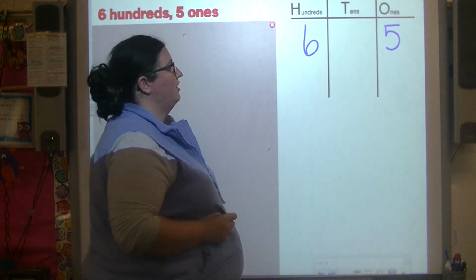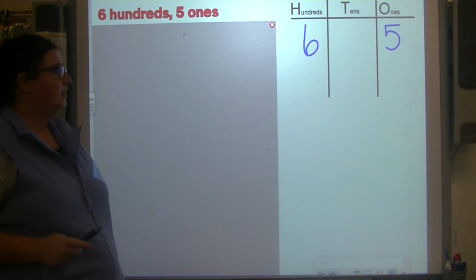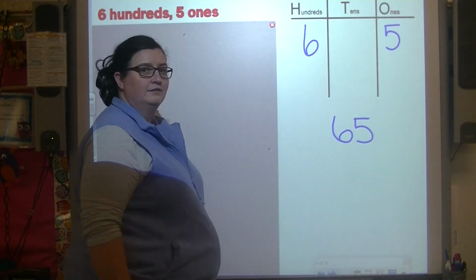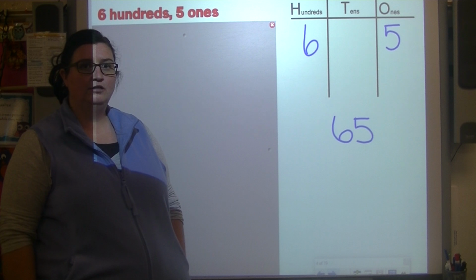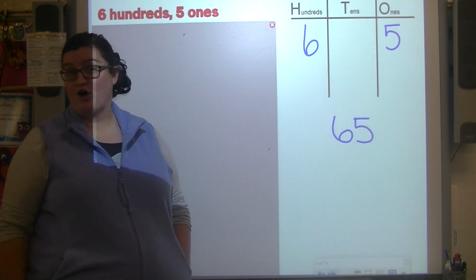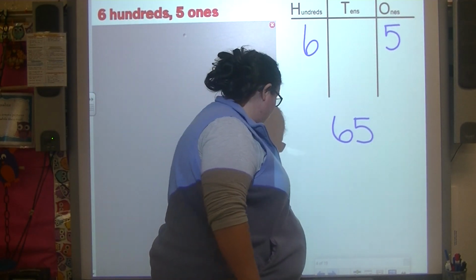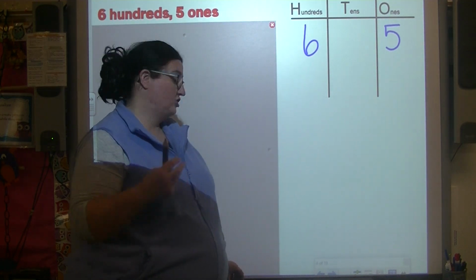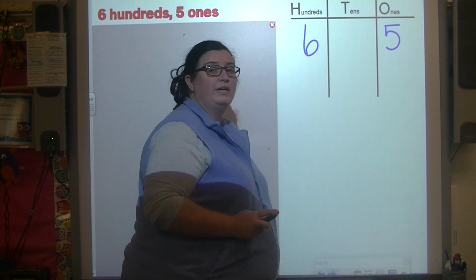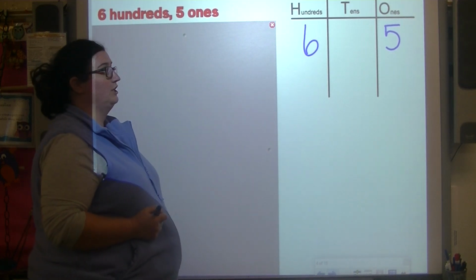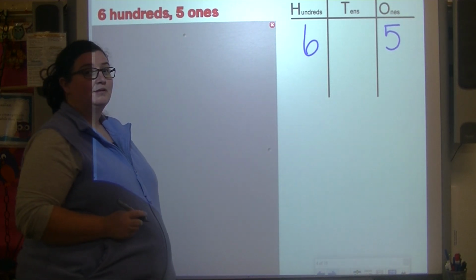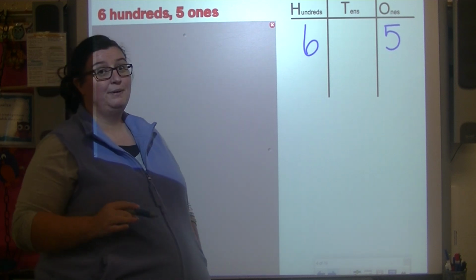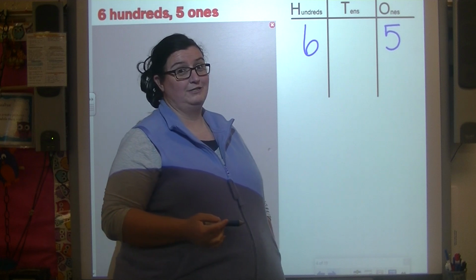Now let's look at our number. Can we just write down 65? Could that be our answer? No. This is a hundreds number, so it has to have 3 digits. What do we need to do to make this a 3-digit number? It's missing a tens place digit.